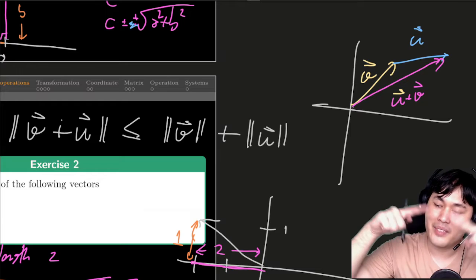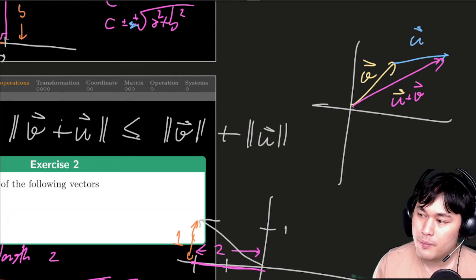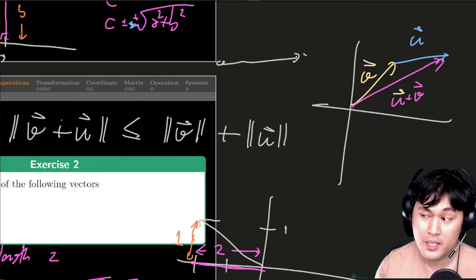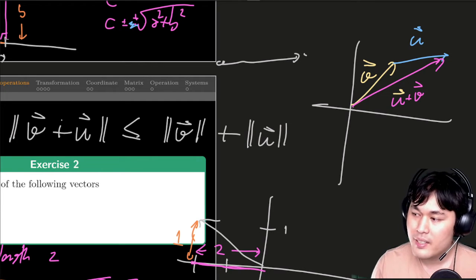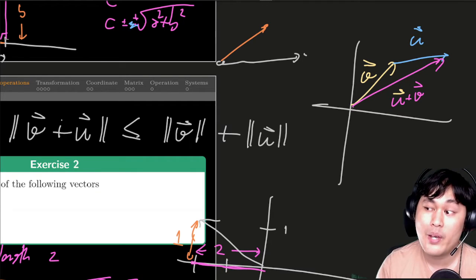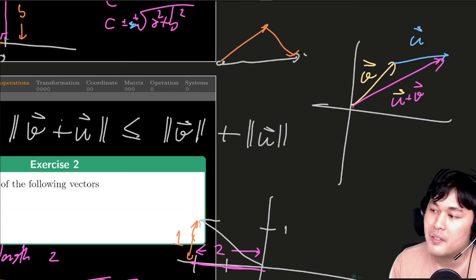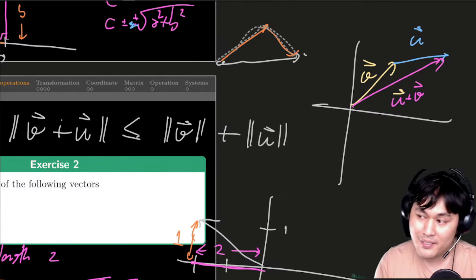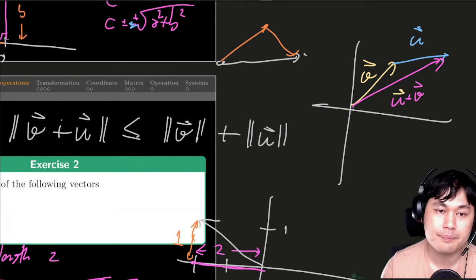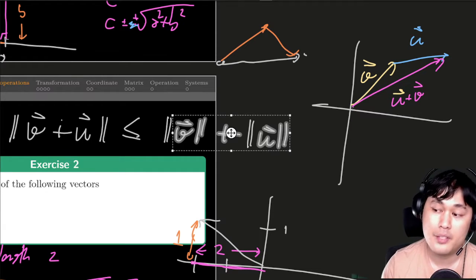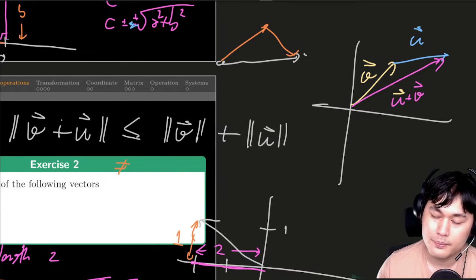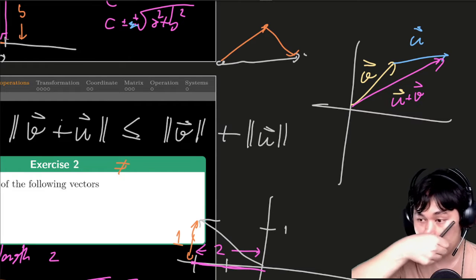Again, you can think of it physically. If this pink represents walking the shortest distance from one point to another, then since it's the shortest distance, if you go anywhere else and then come back to the destination, that distance combined should be higher than the shortest distance. And so this inequality makes sense. So they are not equal, but we can at least say they are less than or equal.